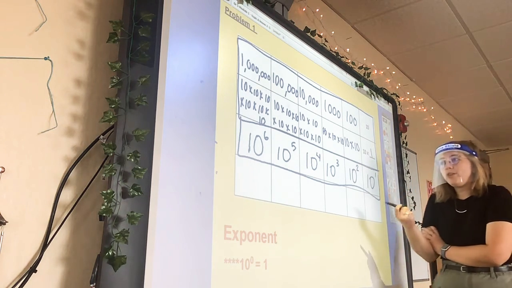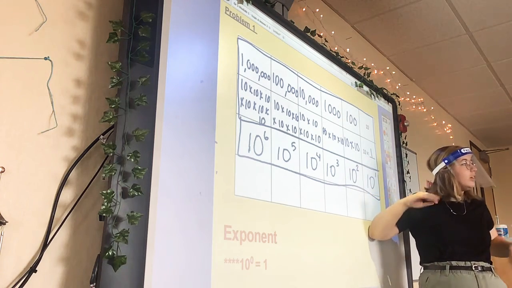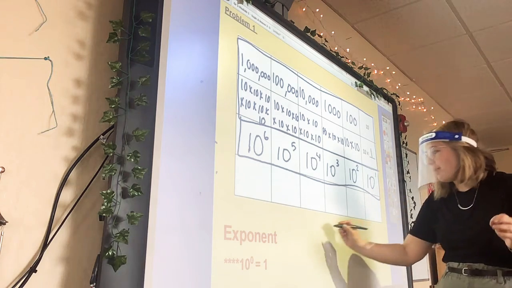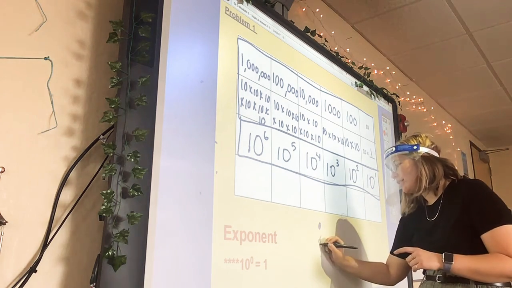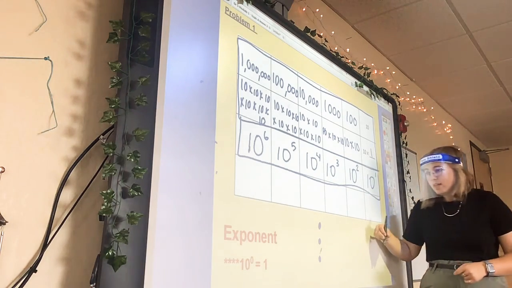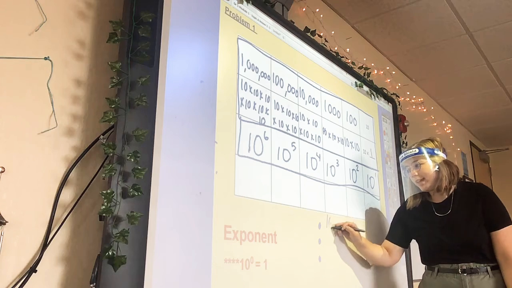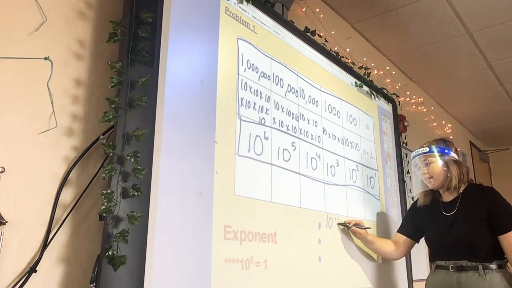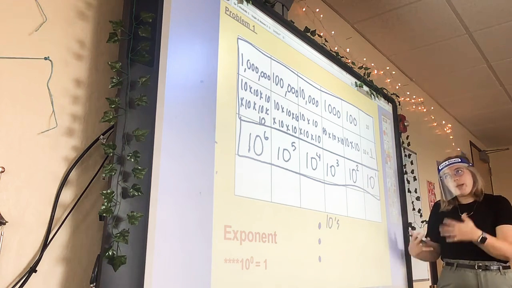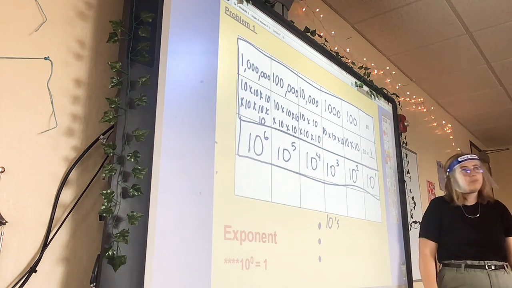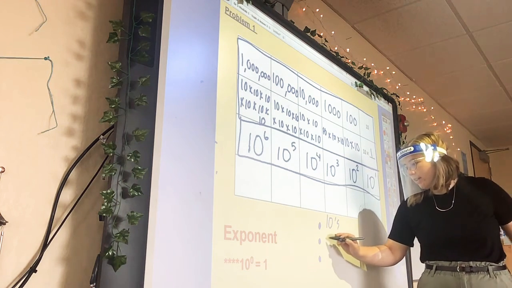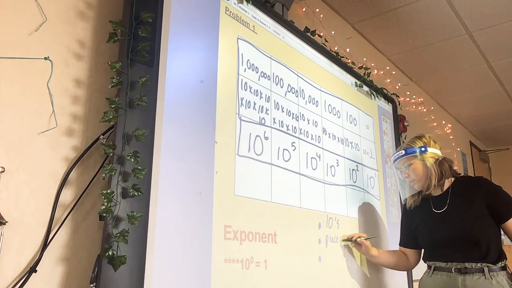What I do want you to write underneath your chart or next to it or on the next page, doesn't matter, somewhere near the chart, is a couple notes of what we notice in these patterns, okay? So you can put little dots to write bullet notes, right? So just put tens. Tens is the theme here. We're working with 10 always, at least for right now, okay? So tens. I want you to write place value, okay?